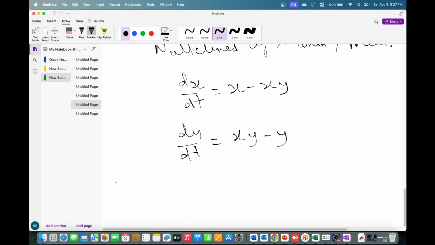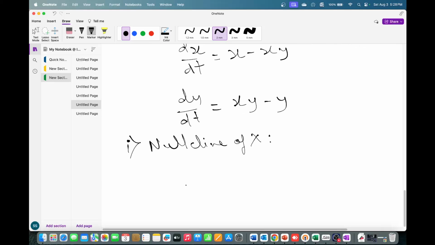Now first, when you're trying to find the steady state of the whole system, you need to first find the nullcline of x, then the nullcline of y, and then ultimately you'll find the total steady state of the system. So first find the nullcline of x.